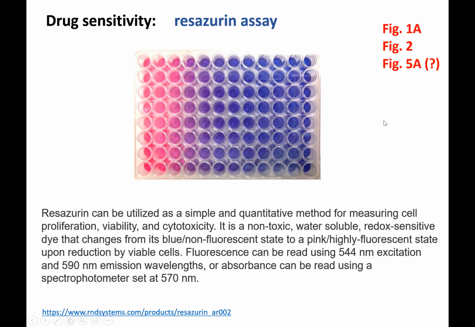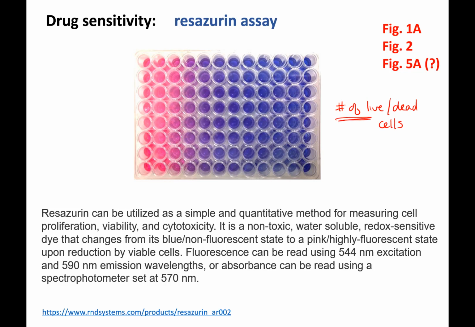In these figures, they're doing drug sensitivity, and the way they're doing this with this resazurin assay is that they're looking at the number of live to dead cells, right?